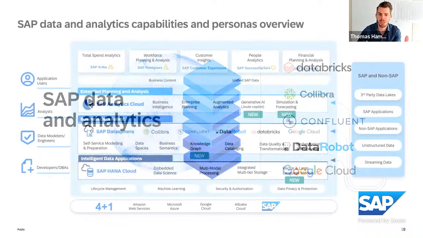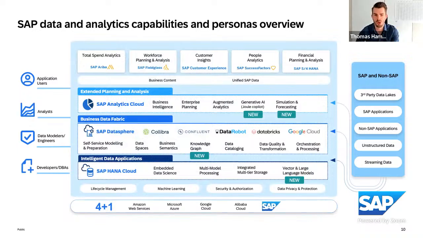Now, making one step further into the product offerings of SAP Data and Analytics and taking a look at the individual capabilities, you may know these kind of charts where we try to outline the specific features also with some sort of a relationship. And that will also become clearer once we talk about more details here.